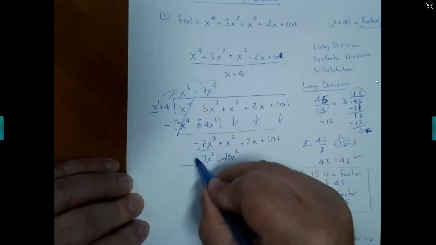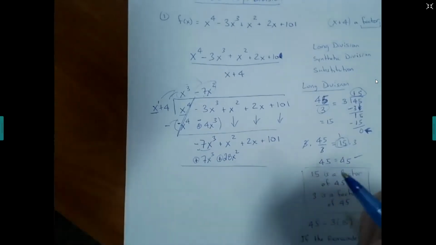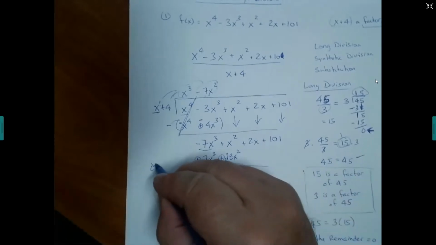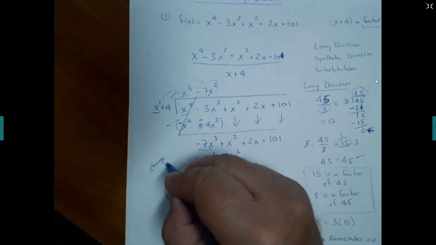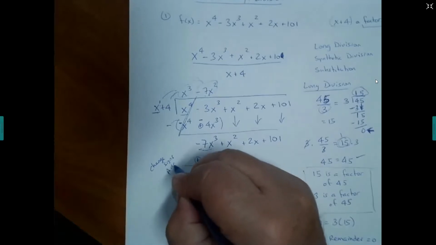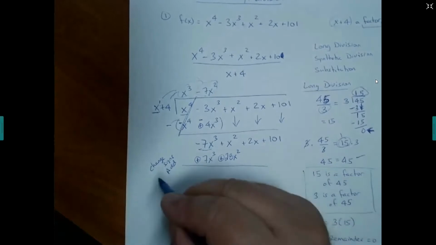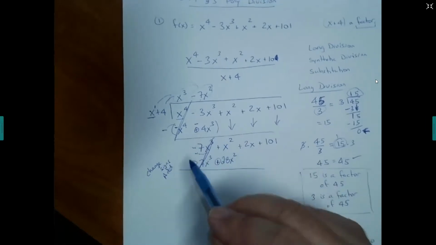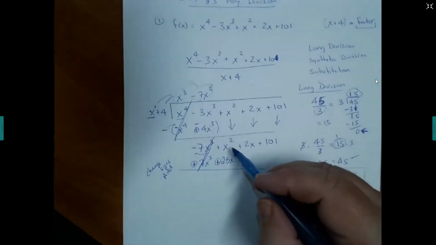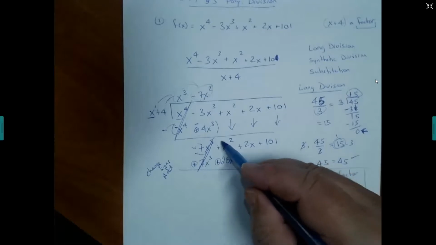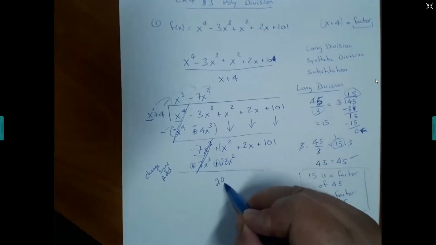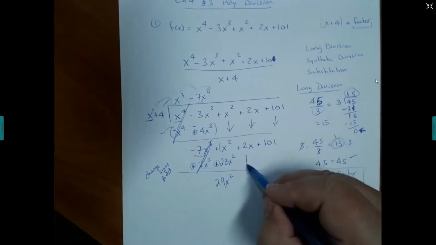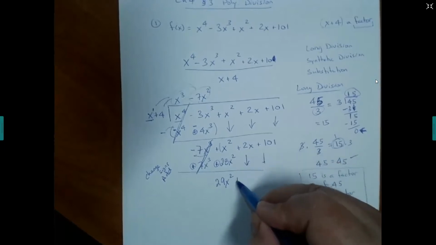I change the signs and add. Change the signs, then add. Negative 7x cubed plus 7x cubed, they cancel. Remember, the first term should always cancel out. 28x squared plus 1x squared is 29x squared. Bring down everything else.